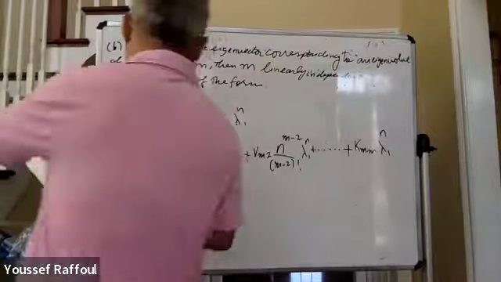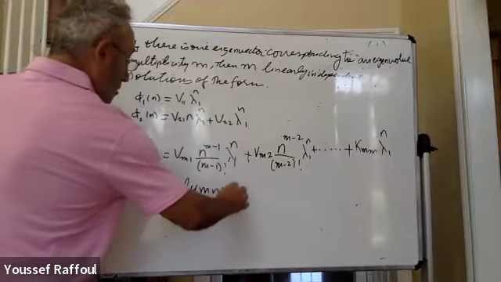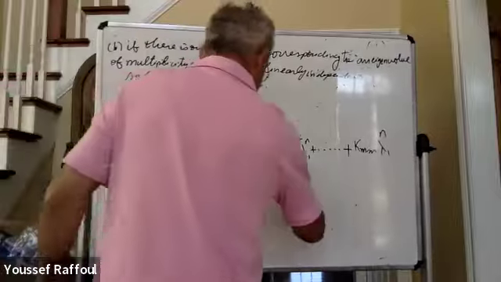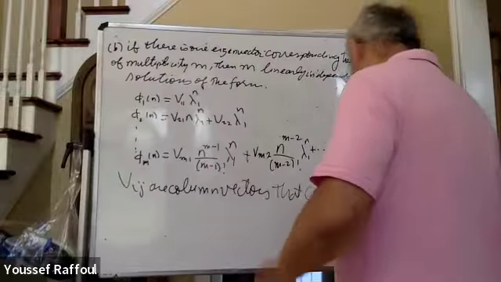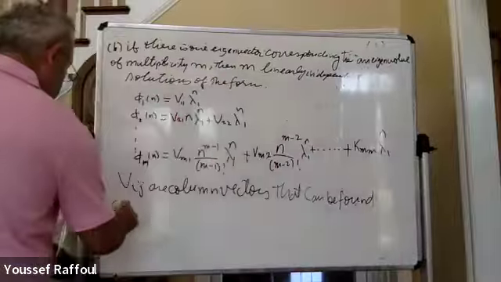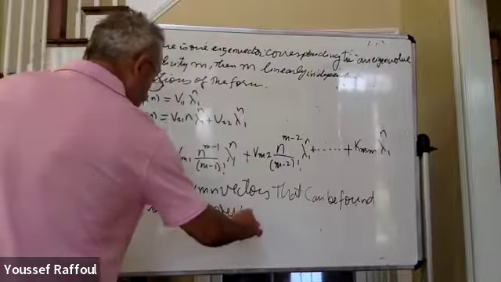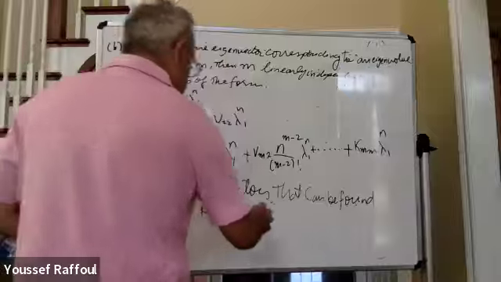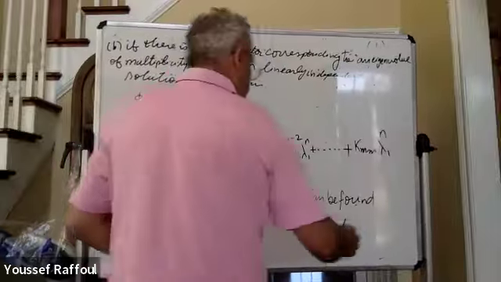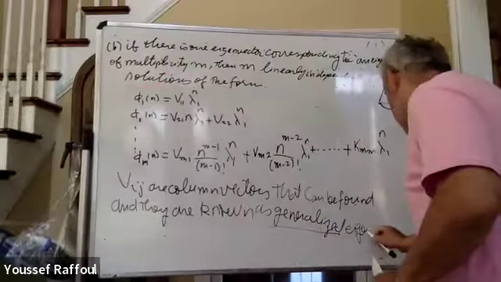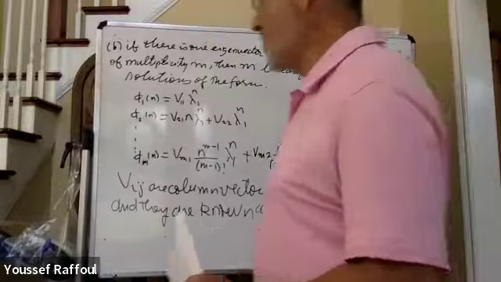Okay, now the v_ij are column vectors that can be found, and they are known as the generalized eigenvectors.